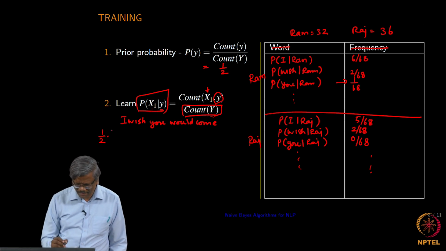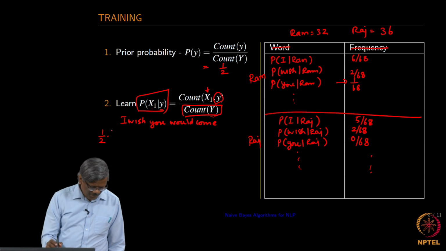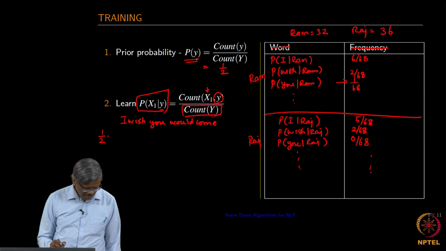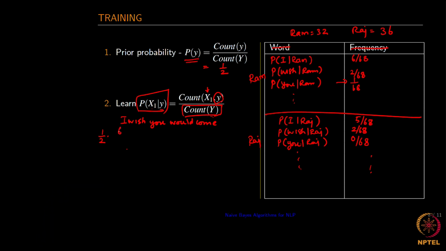I am sorry, that is the prior probability for this class, and then we have 6 by 68, 1 by 68, and for u this is going to be 1 by 68 again.